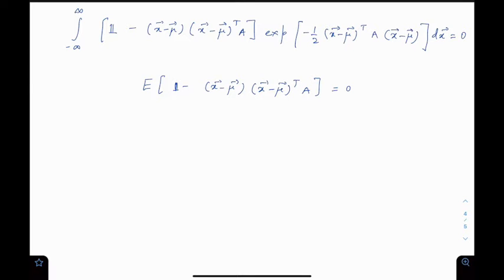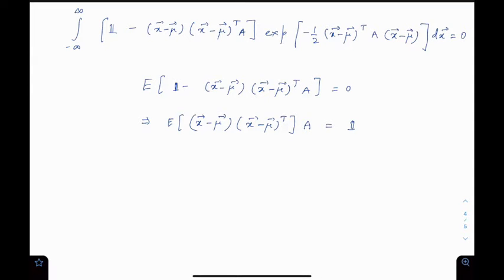Or since the identity is just a constant, we'll take it to the other side and we can write it as E of x minus mu times x minus mu transpose. I can take the constant A outside. This is the identity.